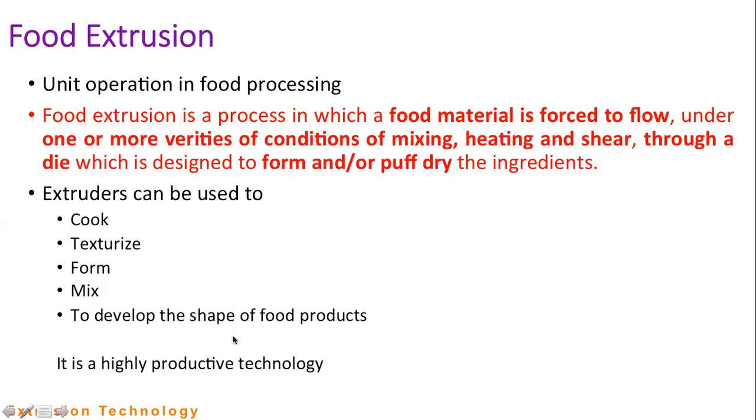And extruders can be used to cook, texturize, form, mix to develop the shape, and at the end we can get different types of food products using similar ingredients, right? That is also one advantage, and it's a highly productive technology. We will discuss why is that.